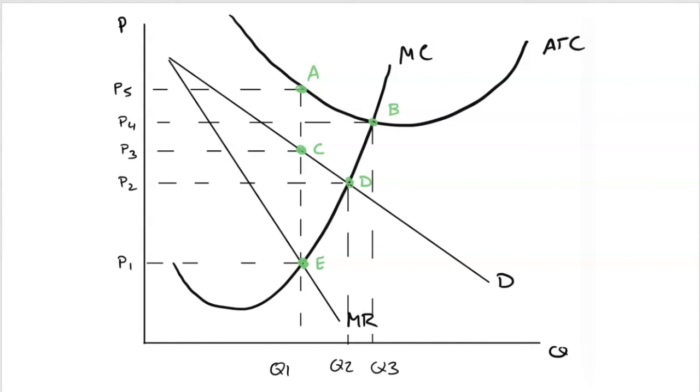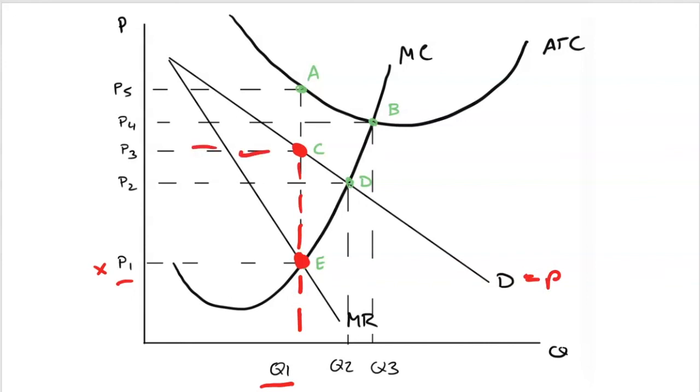All right. So here, right, the very first point that we want to get to is where MR equals MC, right? And so we know that this firm is going to be producing Q1, but they're not going to be charging P1, right? That's not their price. We want to go all the way up to where the demand curve, because the demand represents our price.